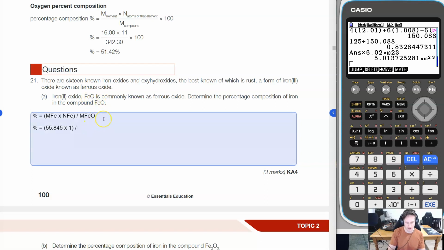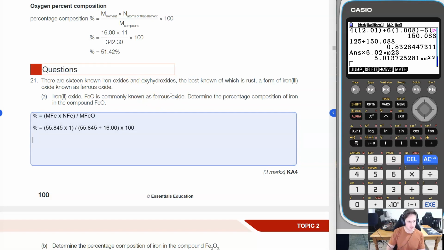So that's going to be 55.845 plus 16, because there's 1 iron and 1 oxygen. That's just calculating the molar mass, just like you've done previously. And then we're going to times all of that by 100.